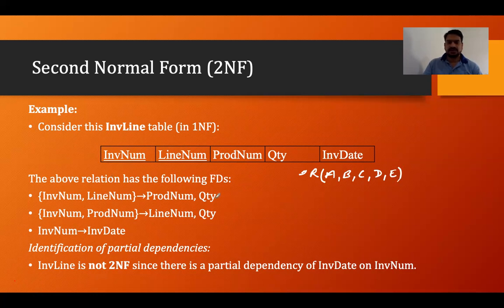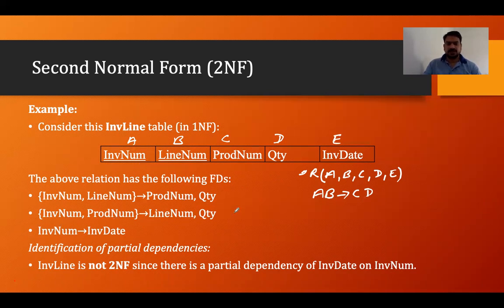And we have a set of functional dependencies. I am abbreviating invoice number as A and line number as B. This is A, this is B, this is C, this is D, and this is E. The first functional dependency is AB determines CD.